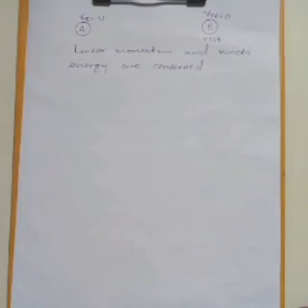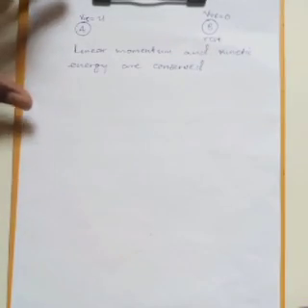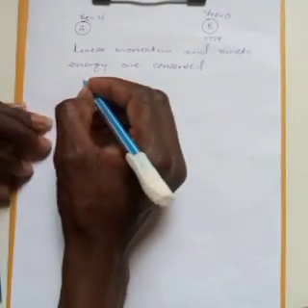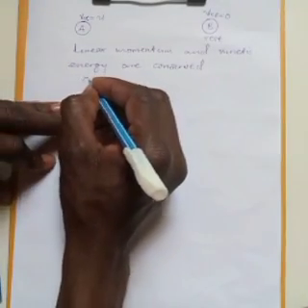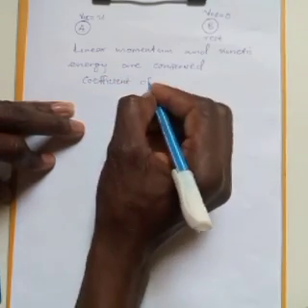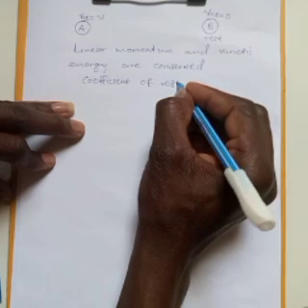Now what does it mean? If you hear something like elastic collision, and something is taking place in a linear form without making angles, automatically you can either use linear momentum and kinetic energy, or there is another quantity which is very important. They call it the coefficient of restitution.